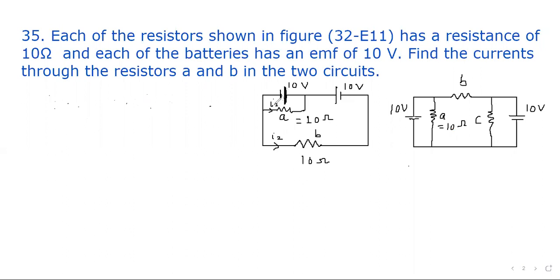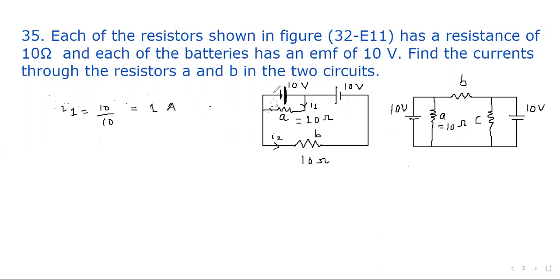So here, if we consider this loop, the direction of current will be like this. Suppose the current is I1. So I1 is equal to 10 divided by 10, that will be equal to 1 ampere.